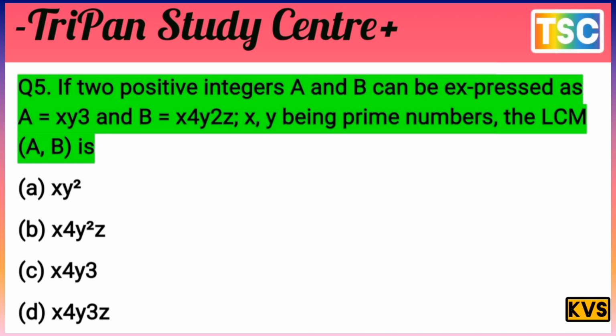A is equal to x y^3 and B is equal to x^4 y^2 z.